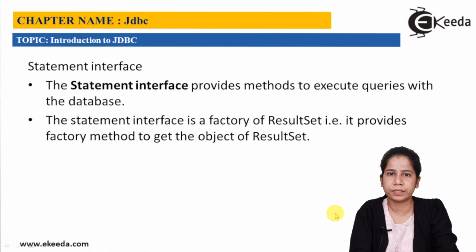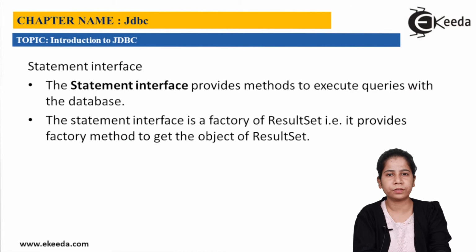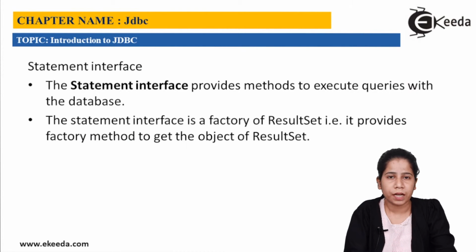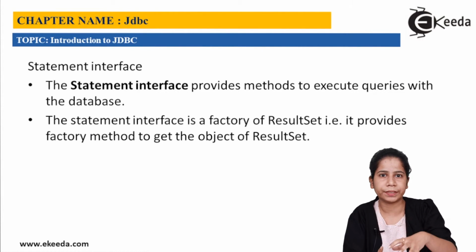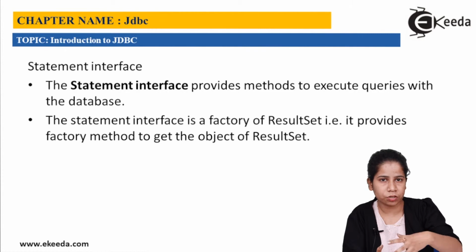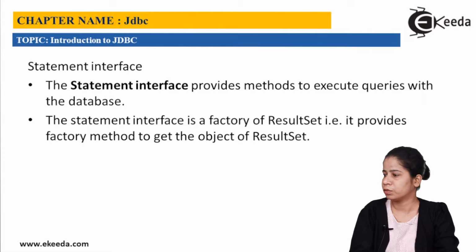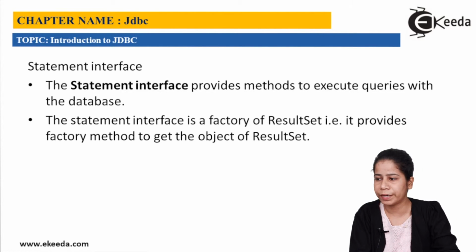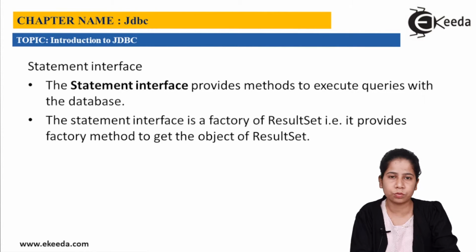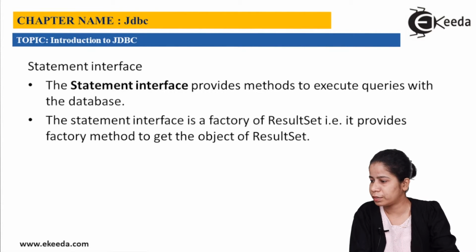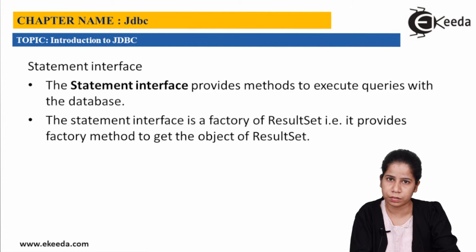Now we have the Statement interface. The Statement interface allows me to fire a query; I have to write a SQL statement, and that SQL statement is encapsulated in a statement object. So the Statement interface provides methods to execute queries with the database. It is a factory of ResultSet.